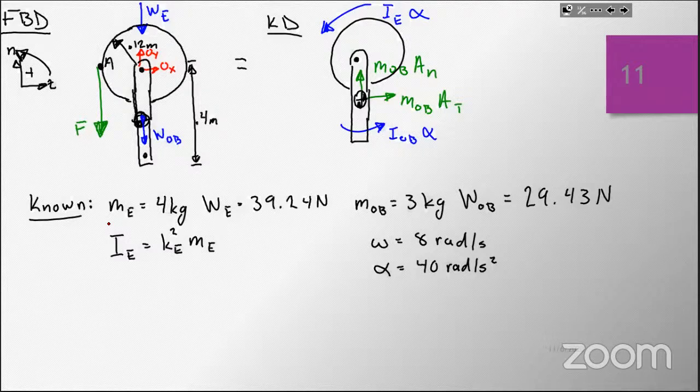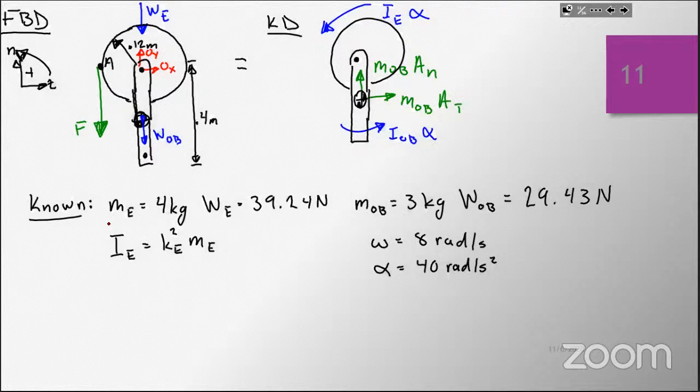Cool. That I_E equation is equal to k squared m_E, right? Yes. How are we supposed to know that? If you need a moment of inertia, it'll either be provided or you'll have a table and you can look it up.